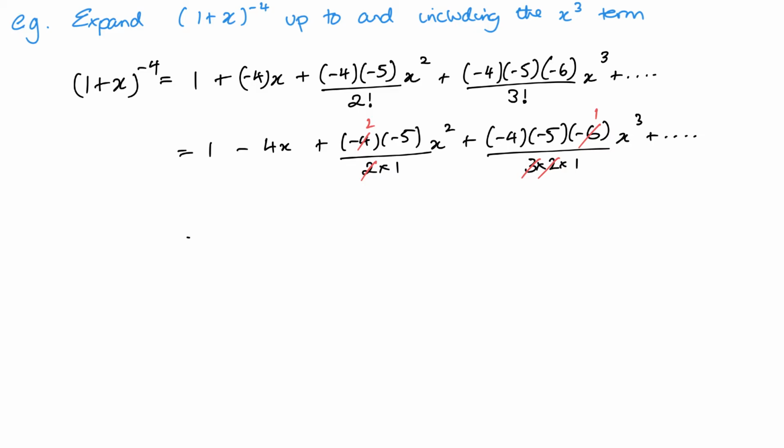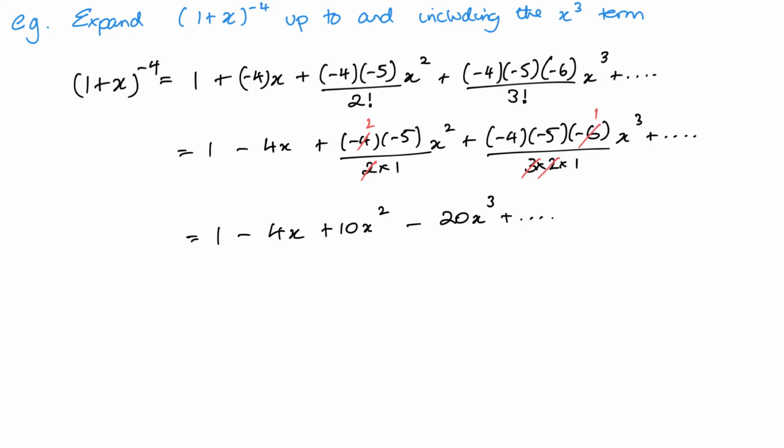So now I can see that I've got 1 minus 4x, then I've got -2 times -5 is plus 10x squared, and that's over 1, so it doesn't change. -4 times -5 is 20. 20 times -1 is a -20x cubed, and it's over 1, so it doesn't change. And that there is now my expansion.